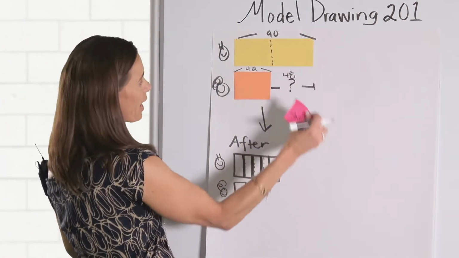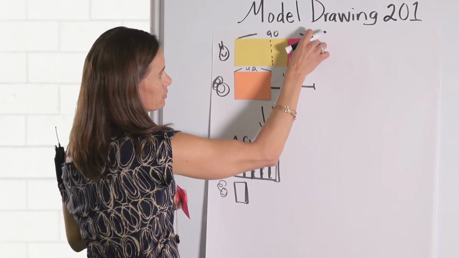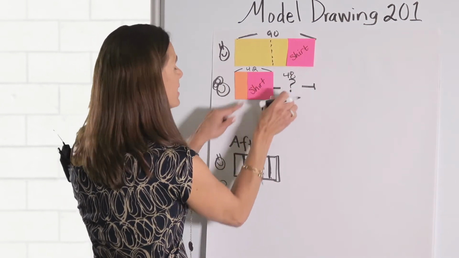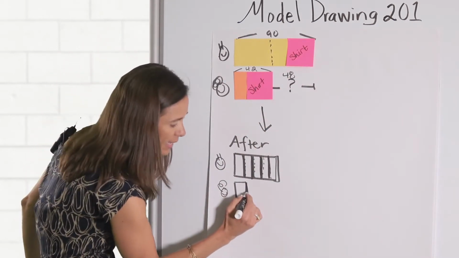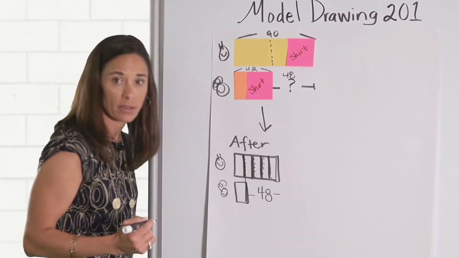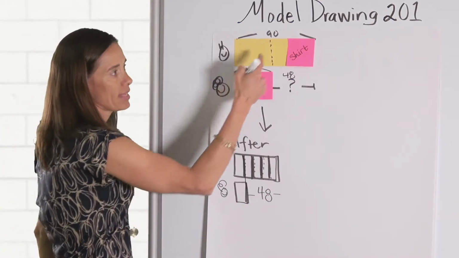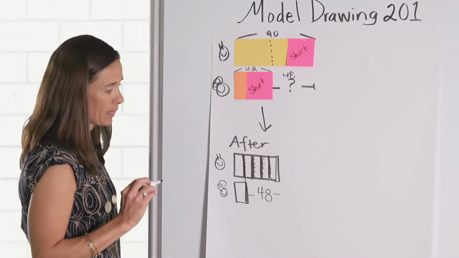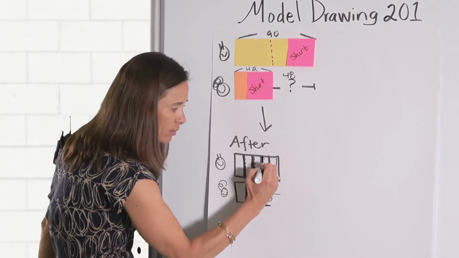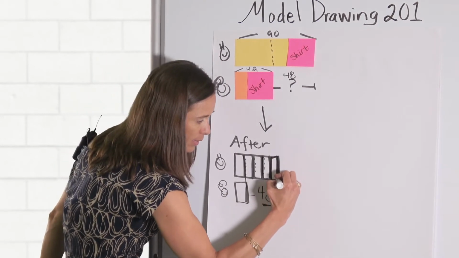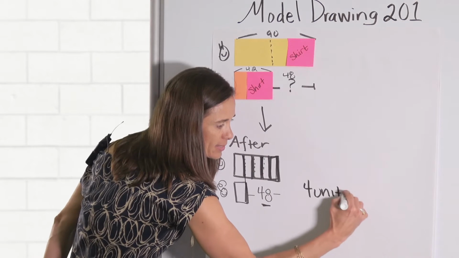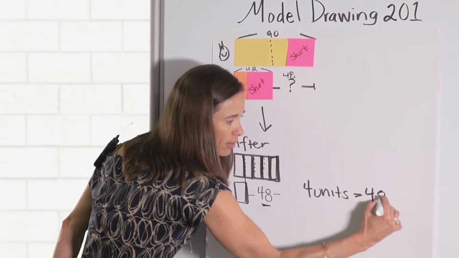When I go buy the shirt, whatever that shirt is, the difference between this amount also still needs to be $48 because they bought the shirt for the same amount of money. So from here, this is what I refer to as the turning point, because now, if I drew a better model here, you could see that 4 units equal the $48.